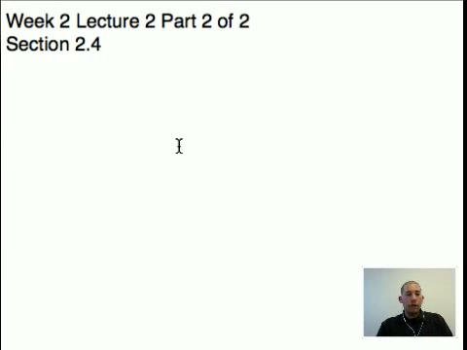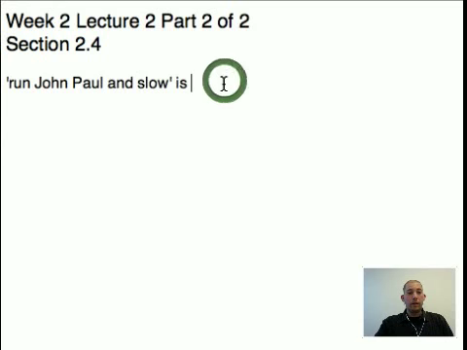Just like in English, you have certain word constructions that count as a sentence and other constructions that don't. In other words, English has a particular kind of grammar. So "run, John, Paul, and slow", with quote marks around it, is not a sentence in English.